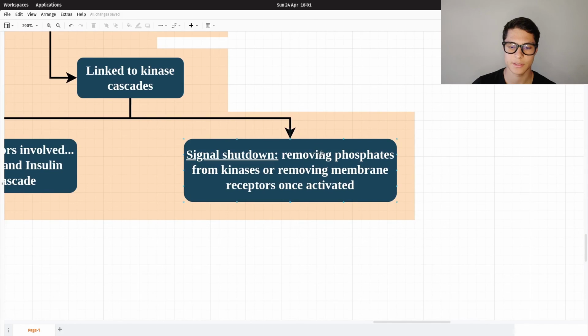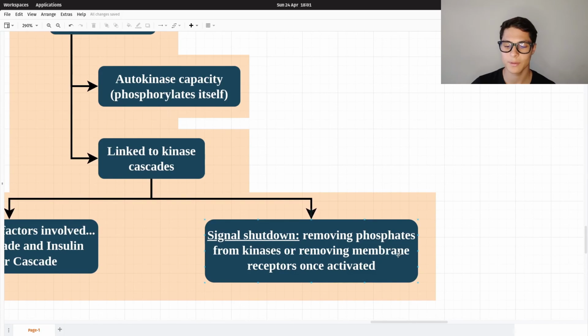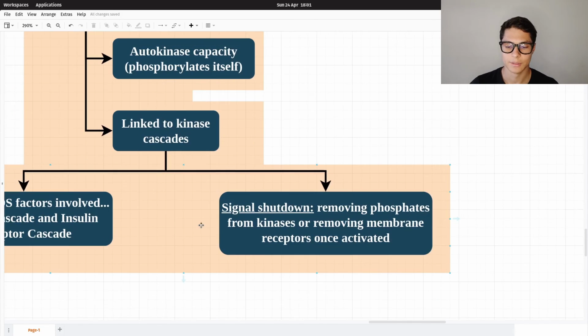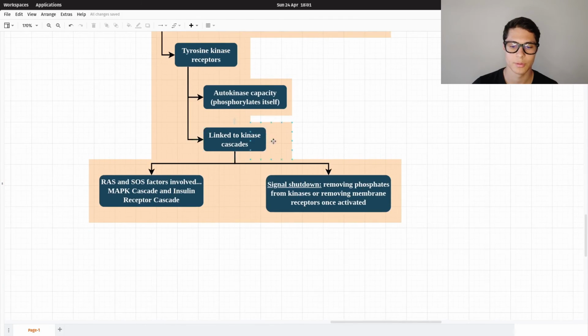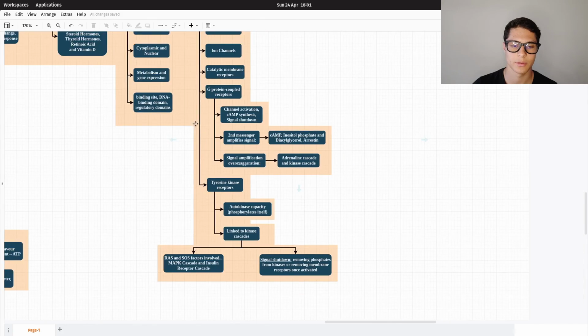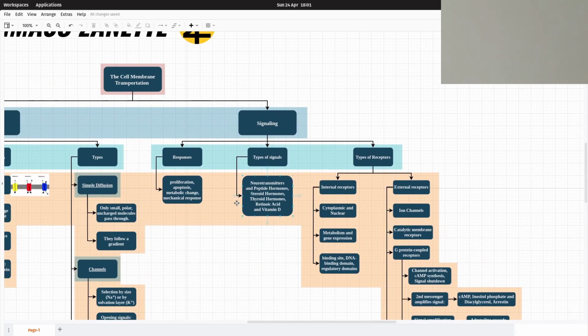And this consists in removing phosphates from kinases, and or removing membrane receptors once activated. So we say, okay, these receptors of insulin in the membrane have been activated, they are no longer needed, and we are going to deactivate them. And that's how signaling works in our body.